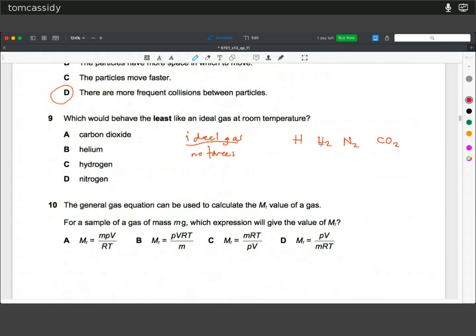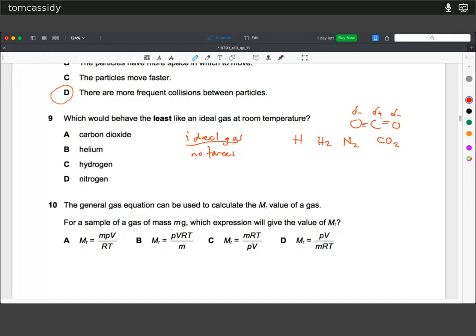There's nothing about these that gives them an end of the molecule that is slightly positive or slightly negative, except when you get to carbon dioxide. That's got 2 oxygen atoms either side of the carbon. The oxygen atoms are slightly negative, and the carbon atom is slightly positive. And that polarity is present in carbon dioxide, but not present in any of these other molecules.